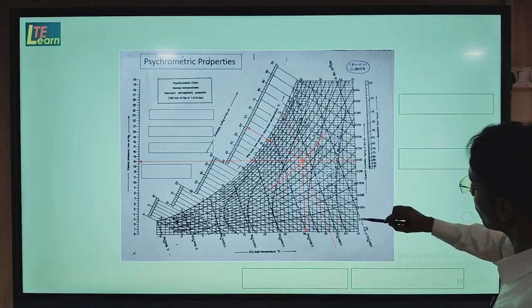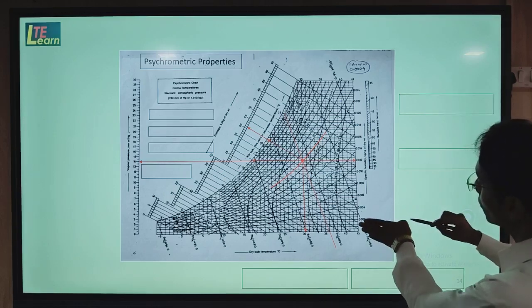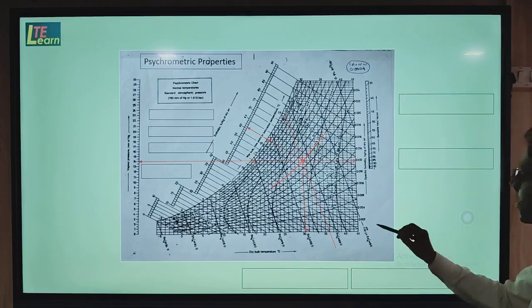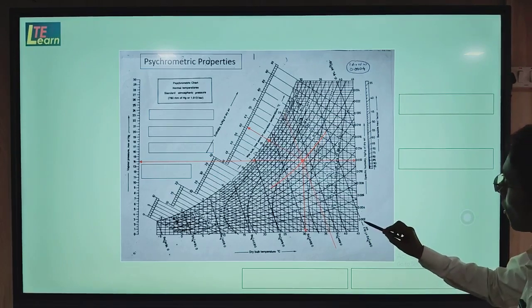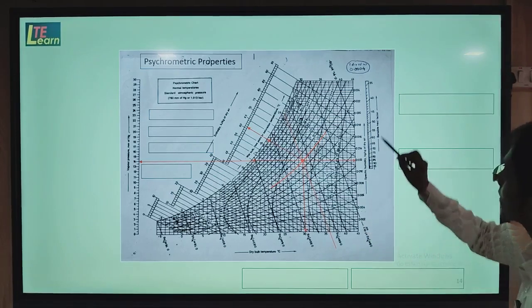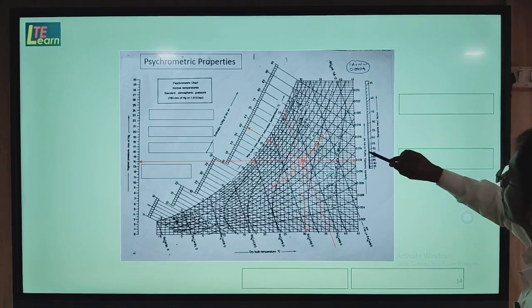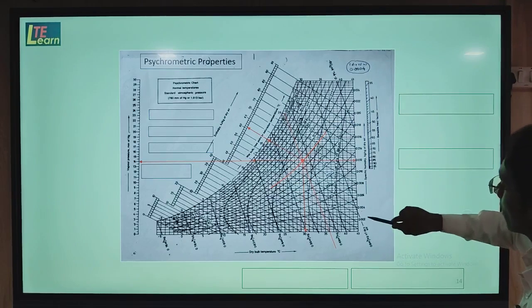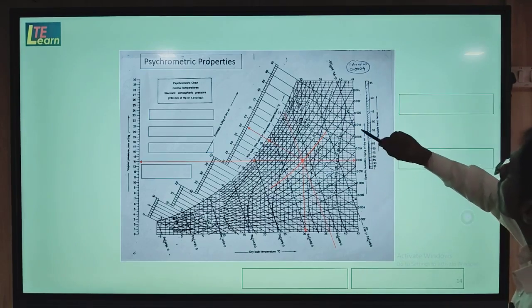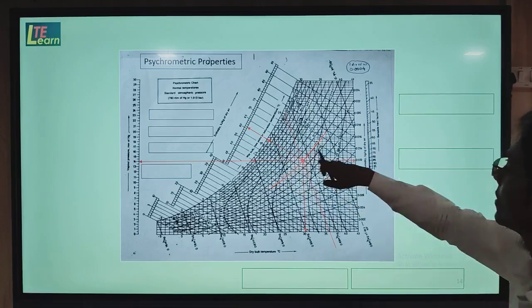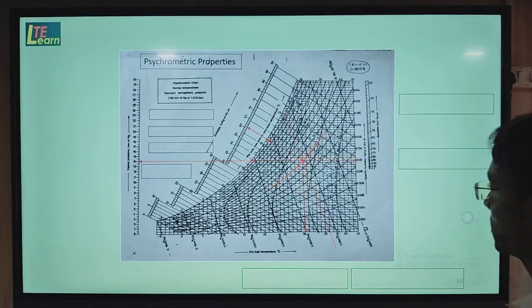From 0 to 0.002, there are 5 small divisions. The value of one small division is 0.0004, and the unit is kg per kg of dry air. So these are the different values of specific humidity, and specific humidity can be measured by using these horizontal lines.